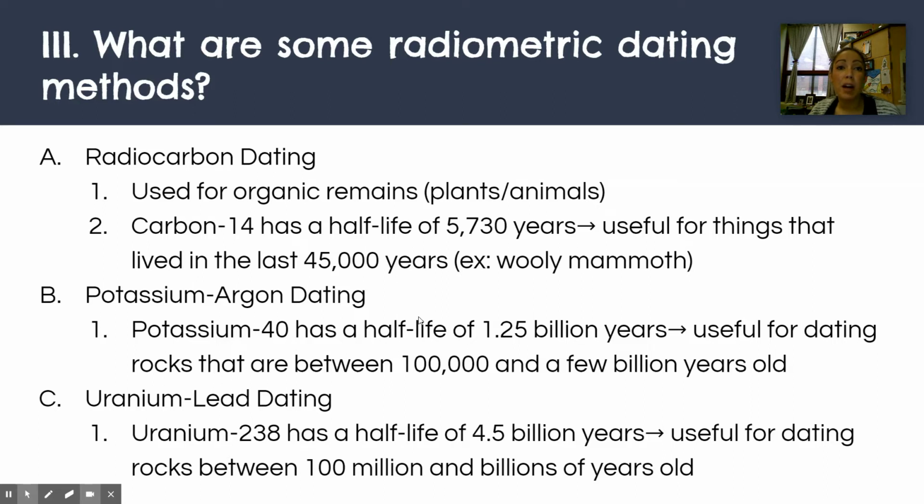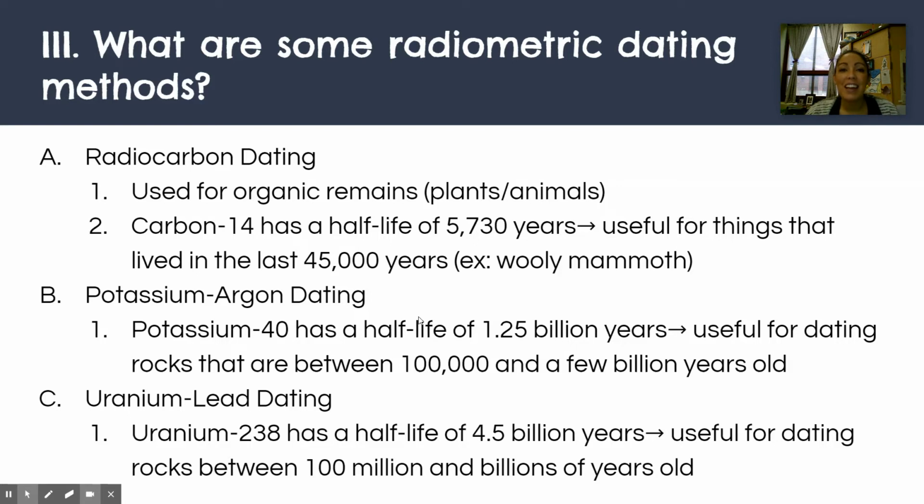Then we have potassium-argon dating. Potassium is the parent version. Argon is the daughter version. This has a half-life of 1.25 billion years. So this is going to be much more useful for dating much older rocks. Then we have uranium-lead dating, which you might see in an example or two.